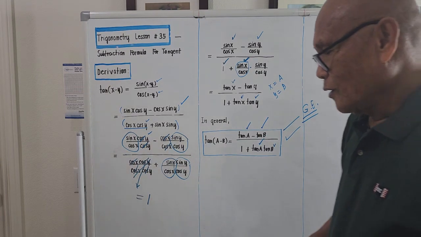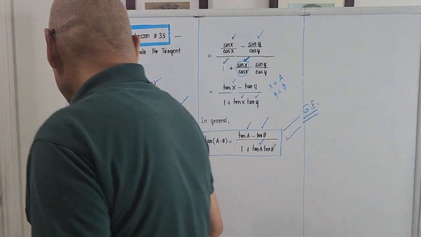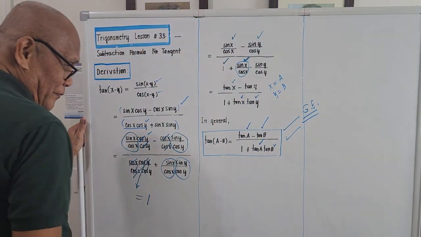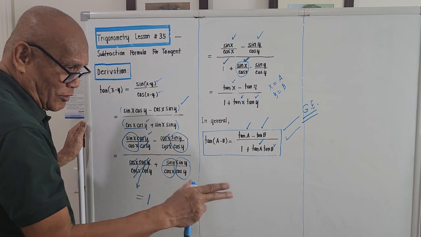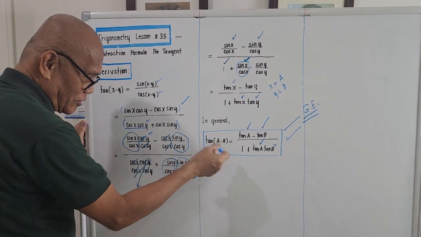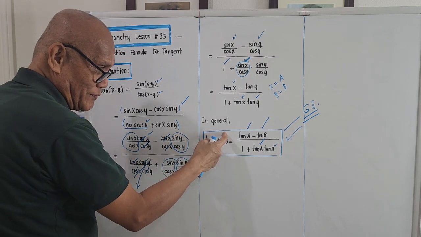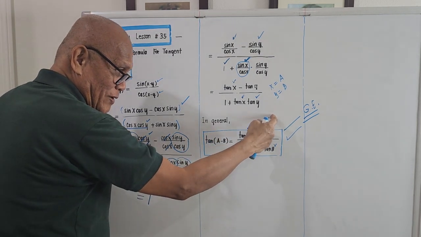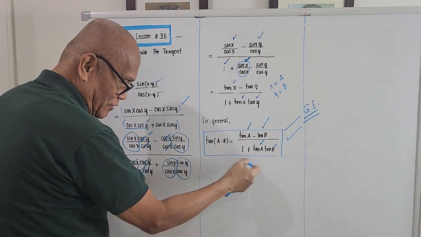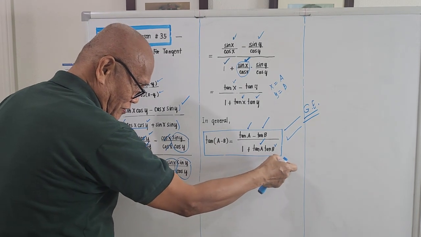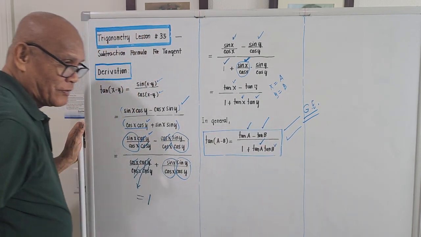Okay? That's the complete derivation. So for as long as we are solving, the tangent of the difference of two angles will be the tangent of the first one minus the tangent of the second one all over 1 plus the tangent of the first one times the tangent of the second one. Okay?